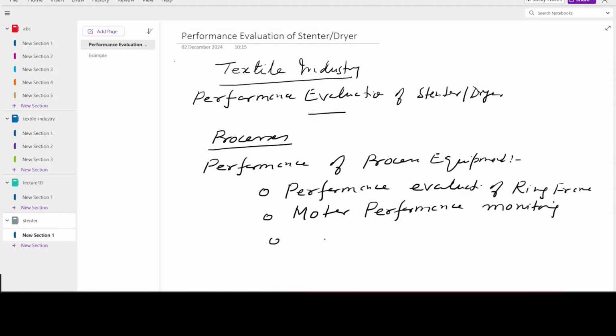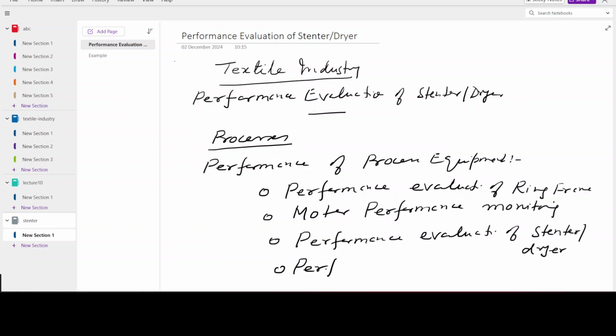Another one is performance evaluation of Stenter, or dryer, and the fourth one is performance evaluation of dyeing machine.